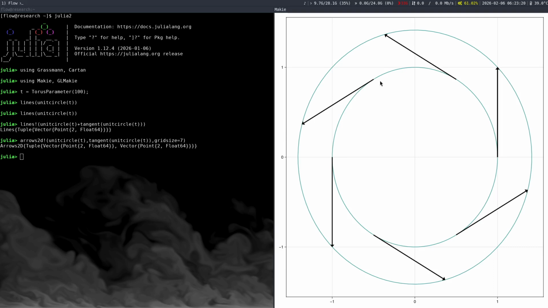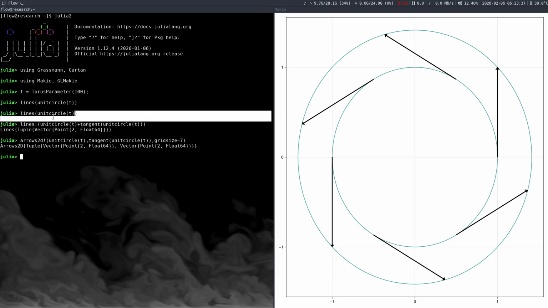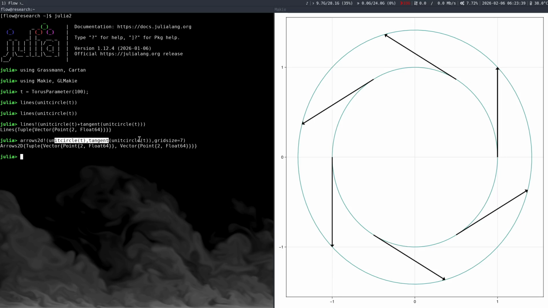So we can see that this is the original circle and these are the tangent vectors pointing to the tangent circle, basically. So this is some of the things we can do, and we can abstract this away to any curve. Doesn't have to be a circle.